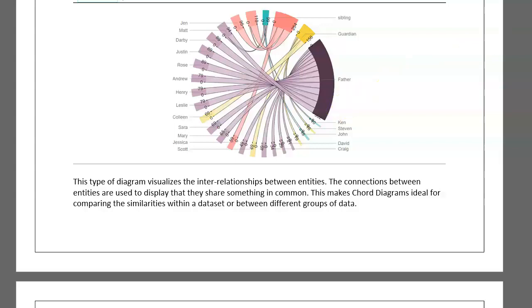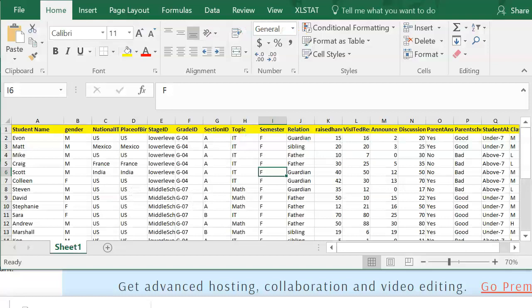We relate the students here. As discussed, if you see this data, there are various students and this is the gender. Basically, we are going to derive the chord chart, so it's going to be the relationship between the student and the parent, how they are related.